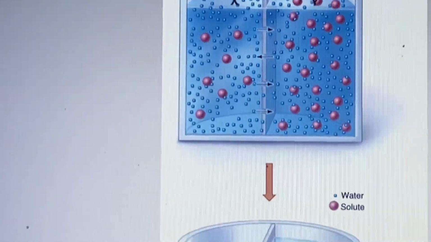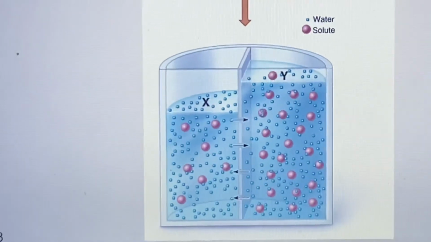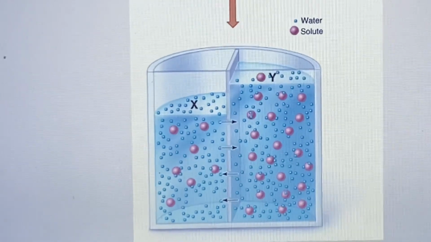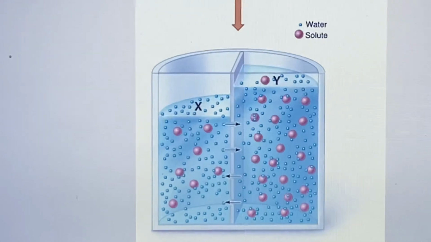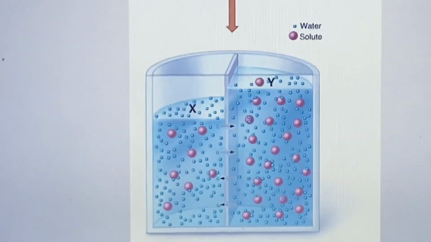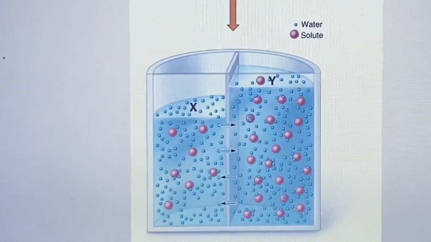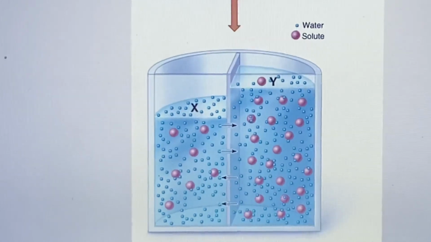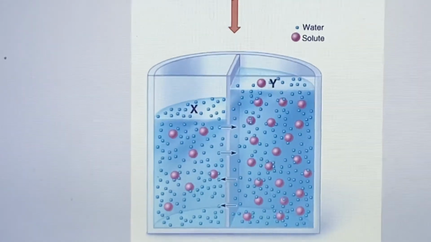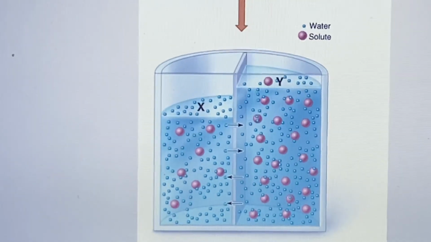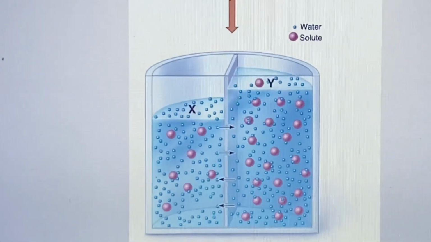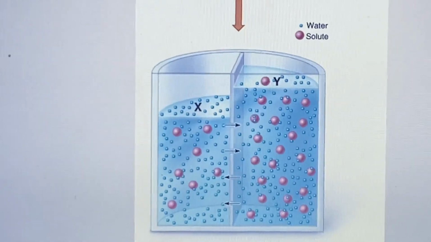So you'll actually see the water level rise, because water is trying to dilute where the higher solute is and make it equal. Another way you can look at it is that water is going to diffuse from a higher concentration to a lower concentration until it's equal. I'm going to show you examples of these.